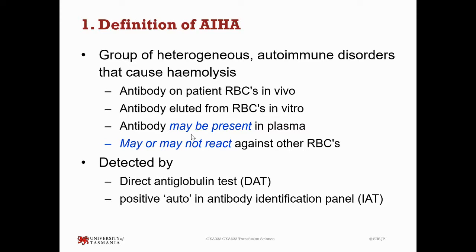So if there's no antibody in the plasma, then how are we going to tell if the patient's red cells are sensitized? How are we going to tell if there is an autoantibody there, if it's not in the plasma? And the answer is right in front of your nose.